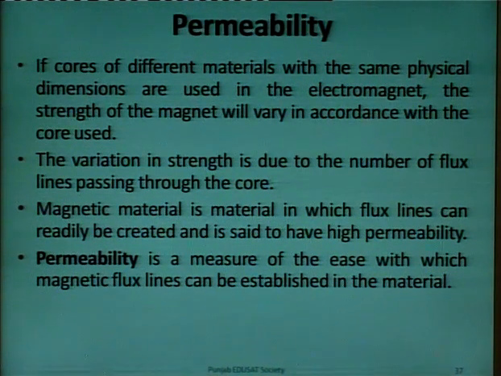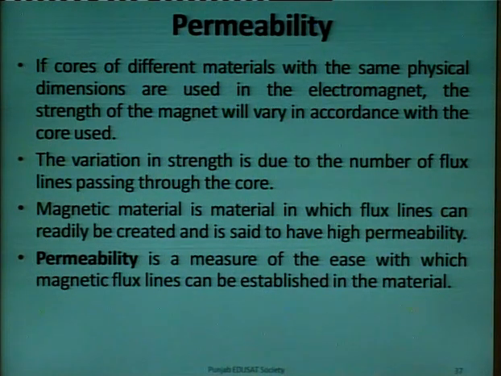The variation in strength is due to the number of flux lines passing through the core, and a magnetic material in which flux lines can readily be created is said to have high permeability.